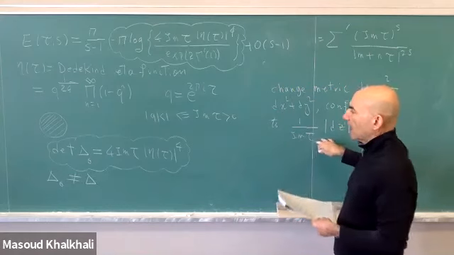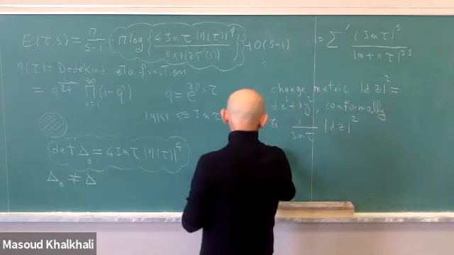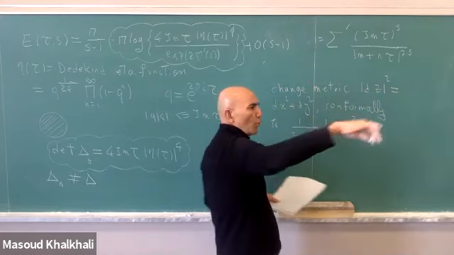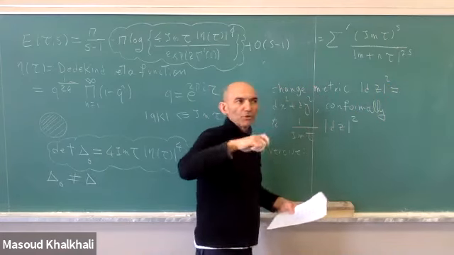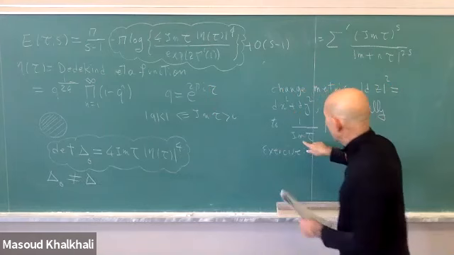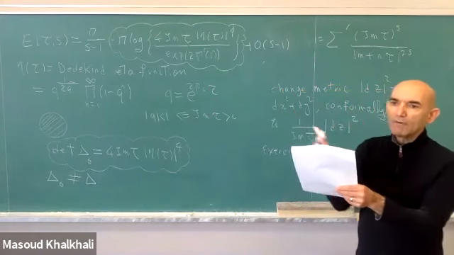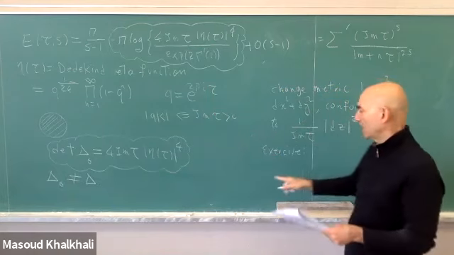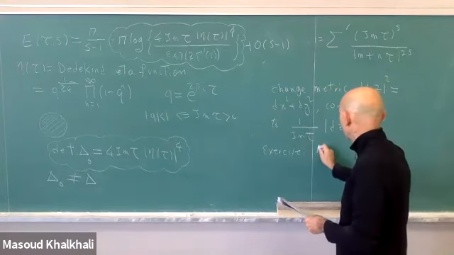So, a little exercise is that the area of the torus that you obtain by this method is going to be 1. Because the area of the original torus, with periods 1 and tau, is the imaginary part of tau, but the area of this one is going to be 1.